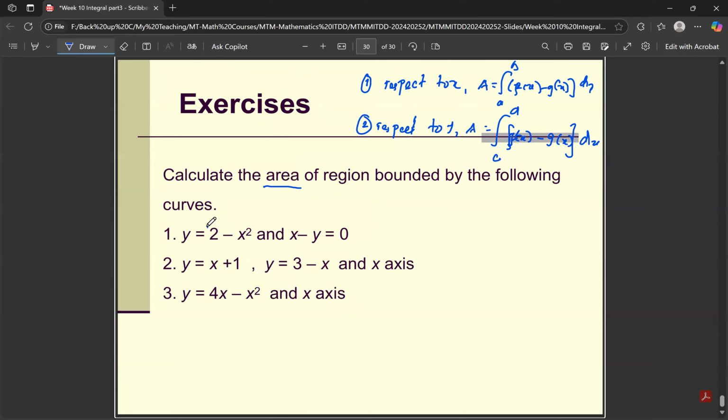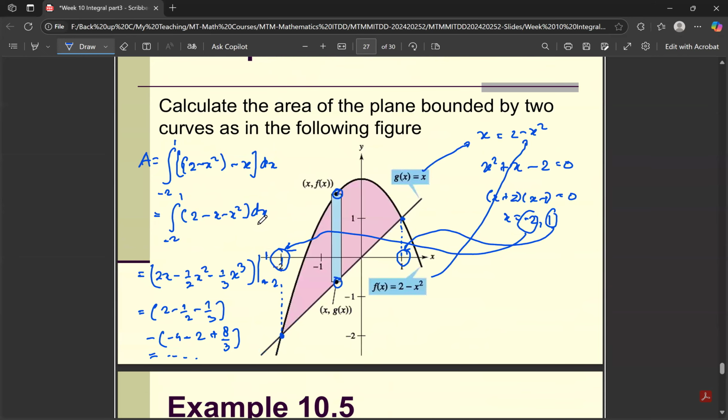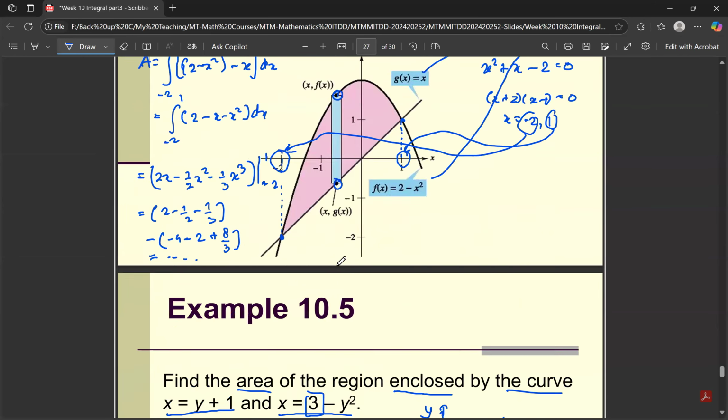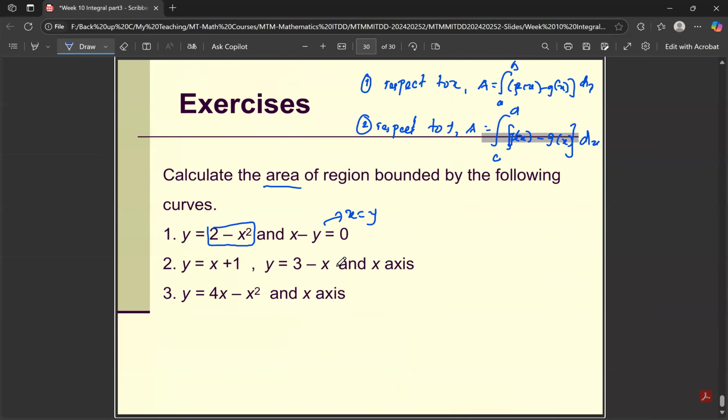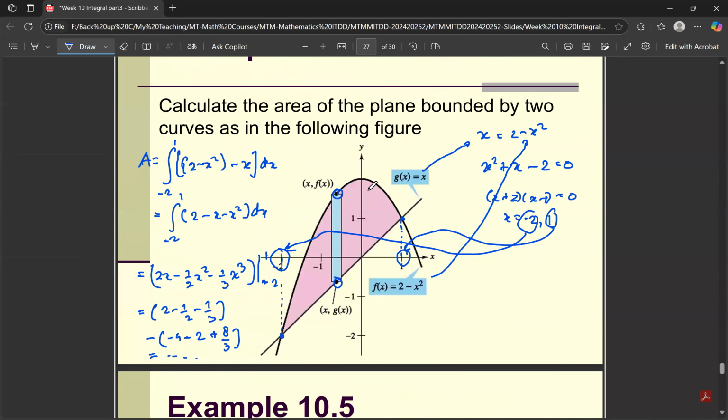Okay, look at this also. We have this, and this is x is equal to y. I think this is the same as what we have in the example. So the solution is what we have in example 4.